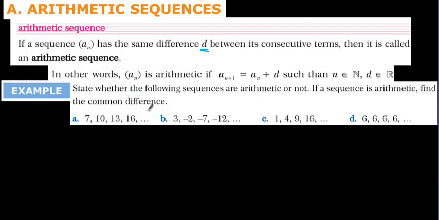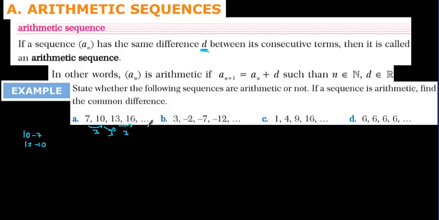Here, when we check this question, we are going to understand better what an arithmetic sequence is. I'm finding the difference between 7 and 10: 10 minus 7 is equal to 3. The difference between 13 and 10 is again 3, and between 16 and 13, again 3.